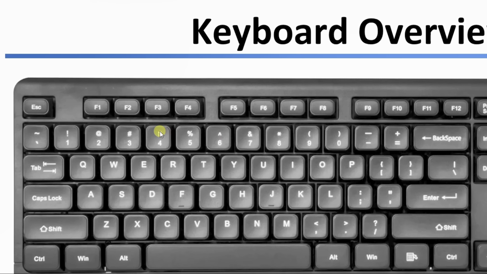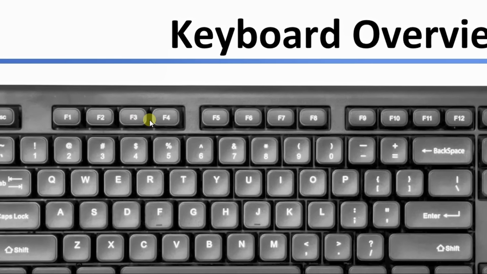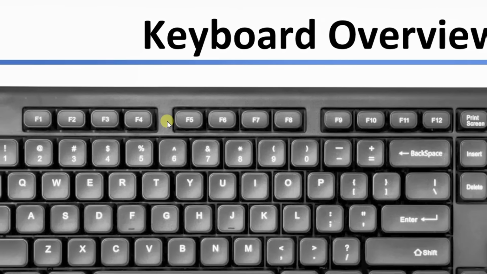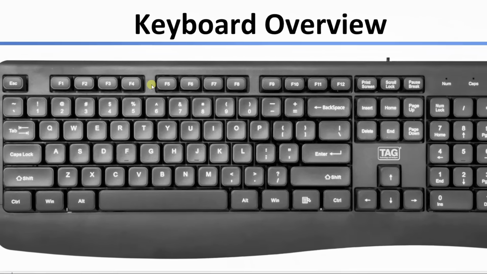Anytime you want to type 1, 2, 3, 4, and so on, you will probably use these number keys. And up here at the top, these are function keys. They range from F1 to F12. You see? They are used for shortcuts, and don't worry, we don't need to master this today.